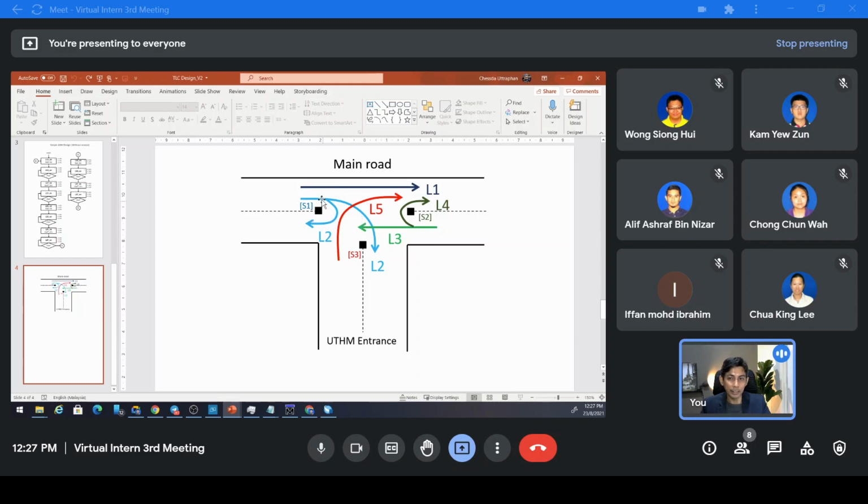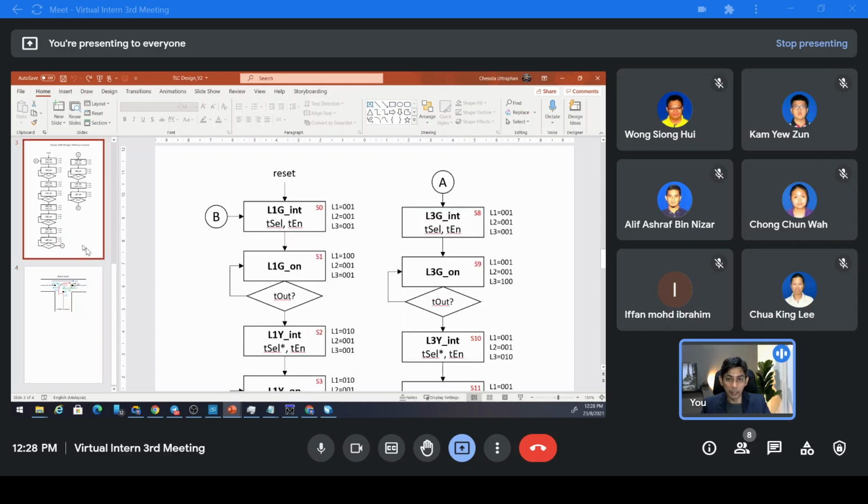But if you have the sensor and there is no car, you can skip this flow, go to the next flow, and let this flow stay on, for example. That is a good thing. So we have 3 sensors to detect whether we have a car here, here, or here. That is the first thing we can do.